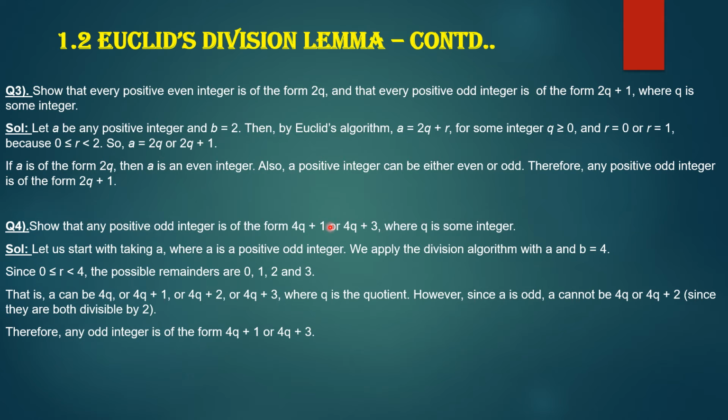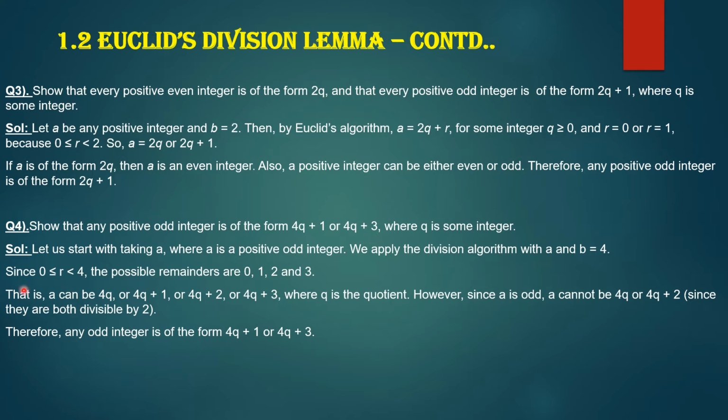So this is what they have given over here. Any positive odd integer is in the form of 4q plus 1 or 4q plus 3. By looking at this itself, you can understand it's all odd integers, but you need to explain it. So how to explain it? We just need to take Euclid's division lemma and simply put it across and explain.